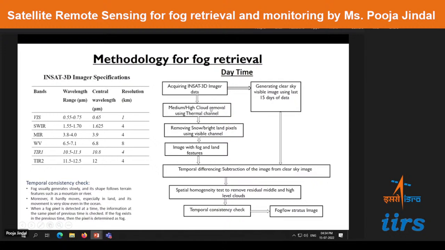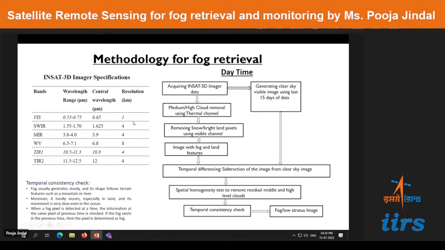What do we know about the high and mid-level clouds? They have low temperature as compared to fog. Which channel gives us the information about temperature? The thermal channel. So we'll use the thermal channel to remove the mid and high level clouds. People have done experiments and concluded that all the mid and high level clouds have brightness temperature less than 270 Kelvin.